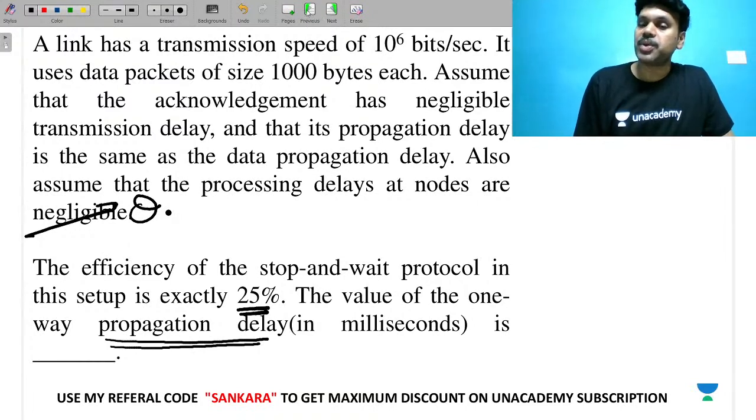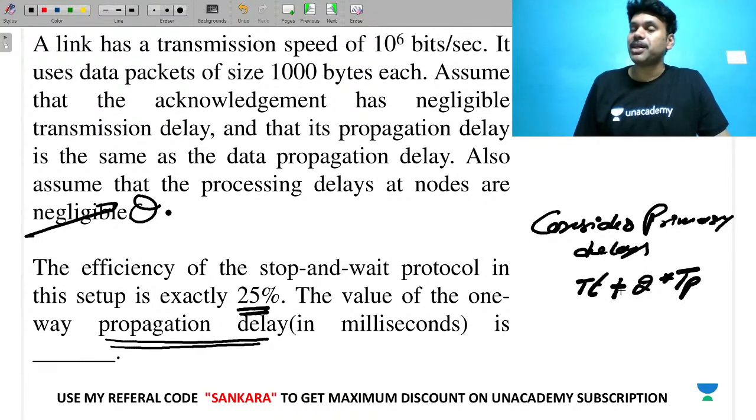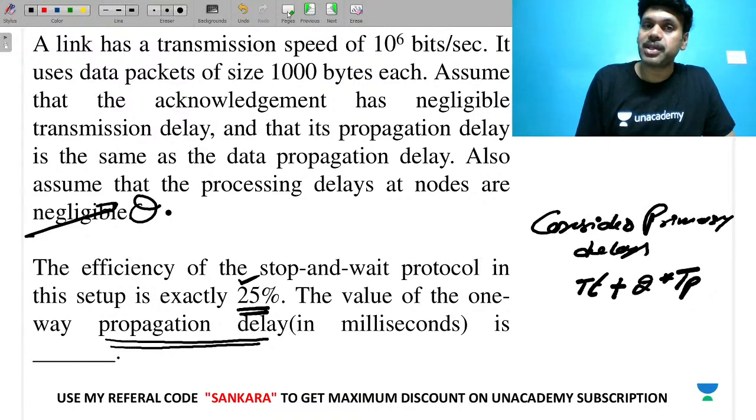So we are going to consider only what? Primary delays only. That is TT and 2 into TP. TT plus 2 into TP. Right, my dear friends? So let us find out TP for 25% of efficiency.